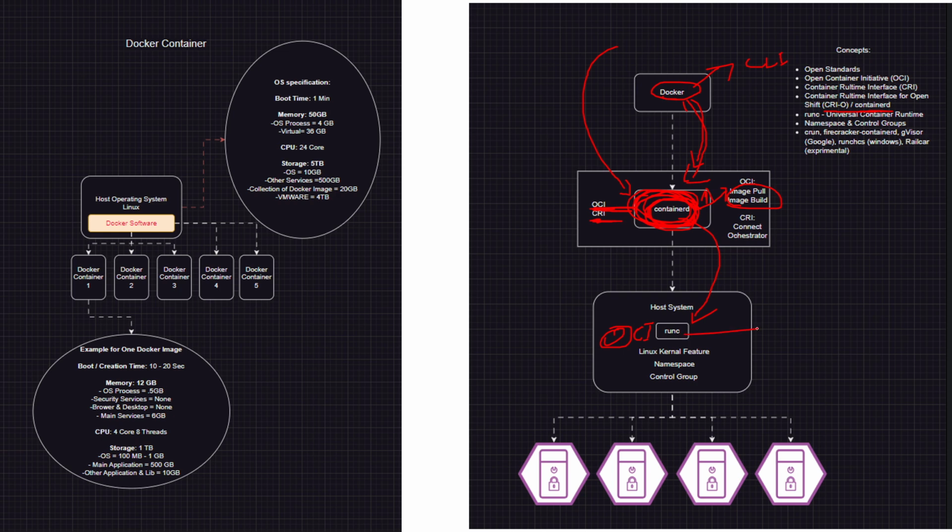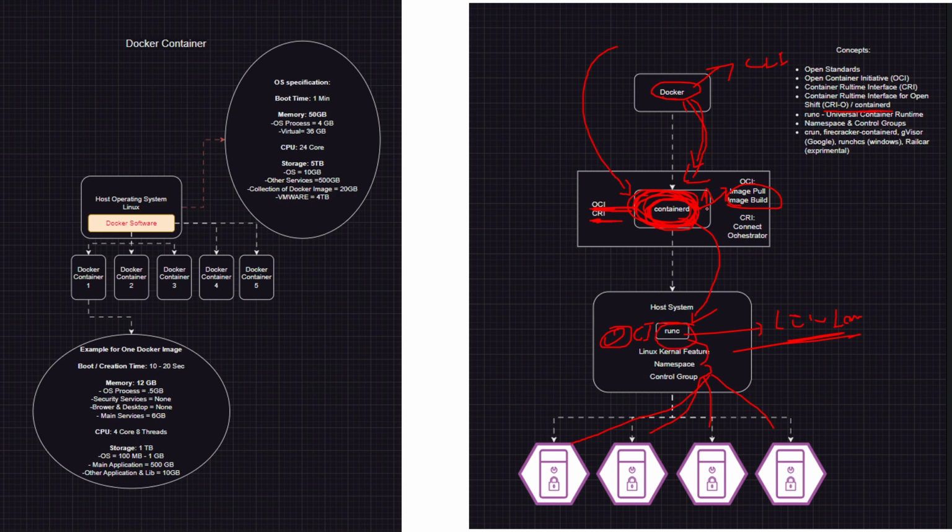And runC is basically the low level, it does the low level tasks. What I mean by low level tasks is connecting with the containers using namespaces and cgroups. Using that, it will connect with the containers. That is basically what your runC is going to do.